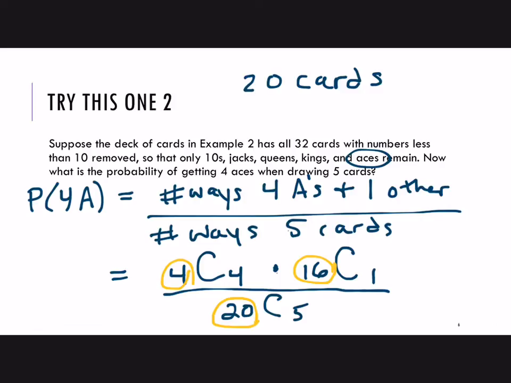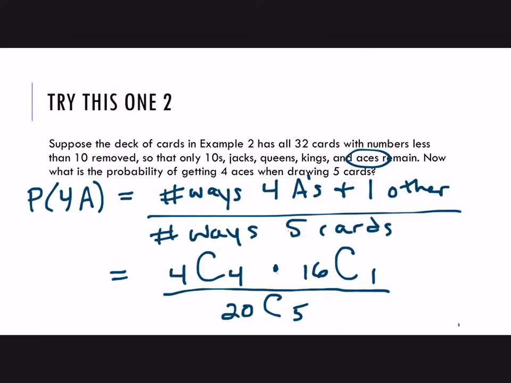We're taking that total of 20 and splitting it up into 2 categories: the 4 that are aces and the 16 that are other cards. And similarly for the r's, the 2 r's in the numerator should add up to the r in the denominator. So if you're choosing 5, 4 of those are aces, and the other one is something else. That's the setup, and then we're just left with the calculation.